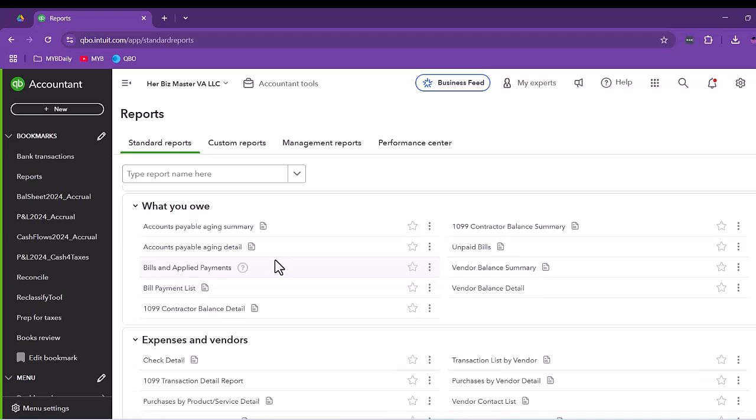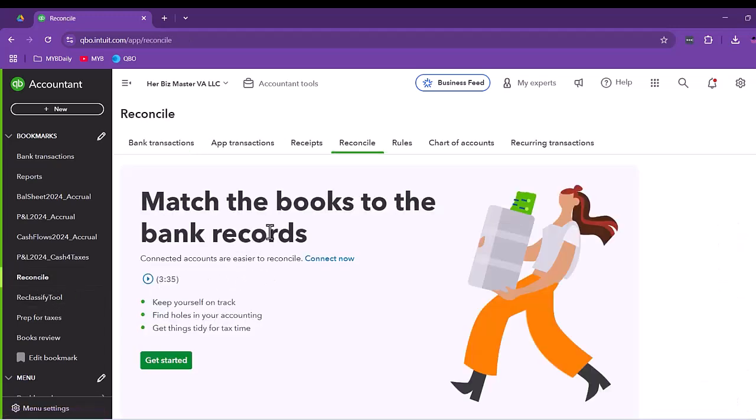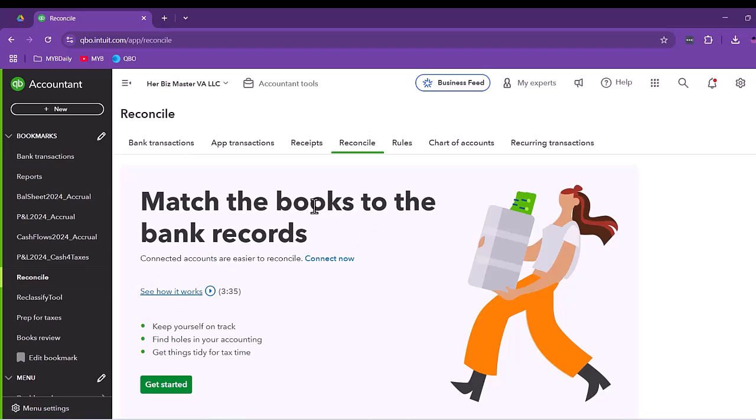You also will now have access to the reconciling of your books. Reconciling your books makes sure that your books and your bank and credit card records are tied and matched, and truly you could sleep at night making sure your books are tax ready year round. This is one of the key areas inside of QuickBooks Online.